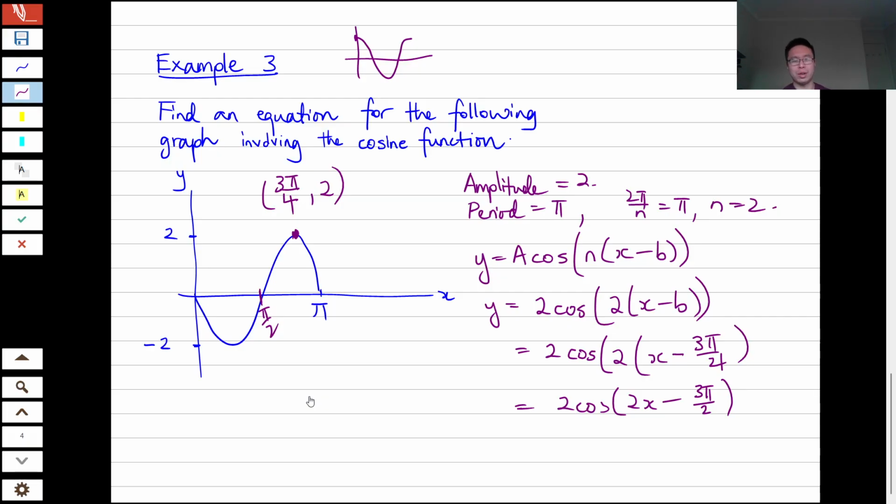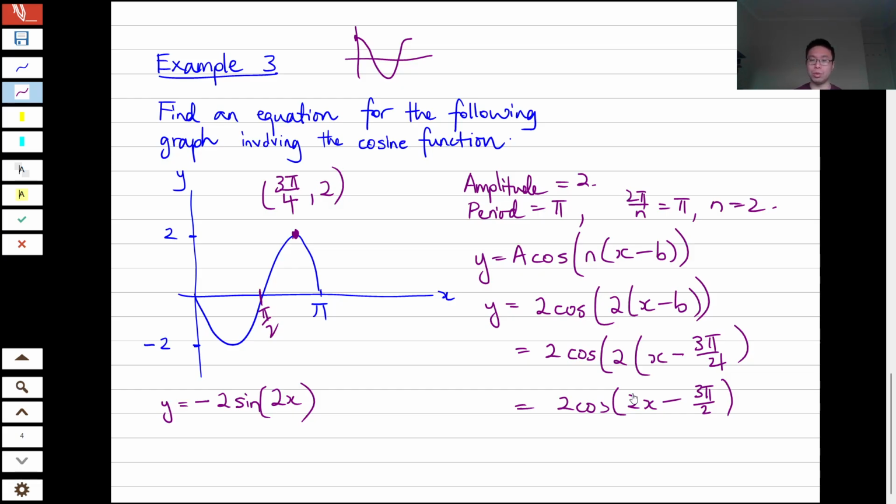Now, something that you should notice is that this graph also looks like a sine graph. Specifically, it looks like y equals negative 2 sine of 2x. And I'm wondering, can I match this graph to this graph?